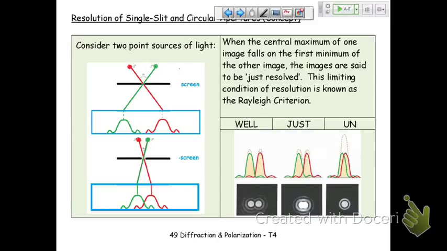Here's where it counts. I have a single opening, and I have two light sources. Let's say a telescope and two stars. Let's say a pupil and two headlights.